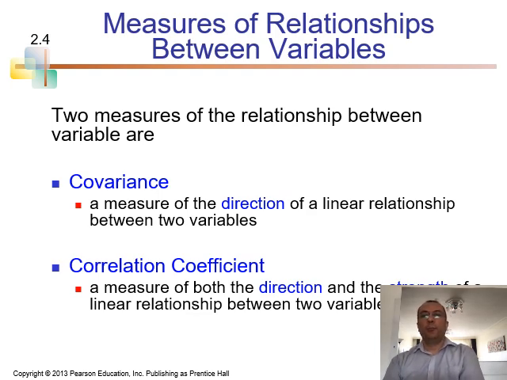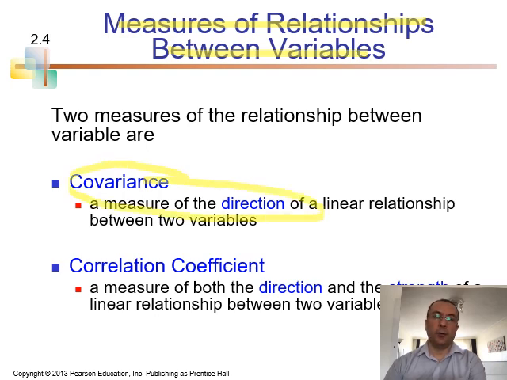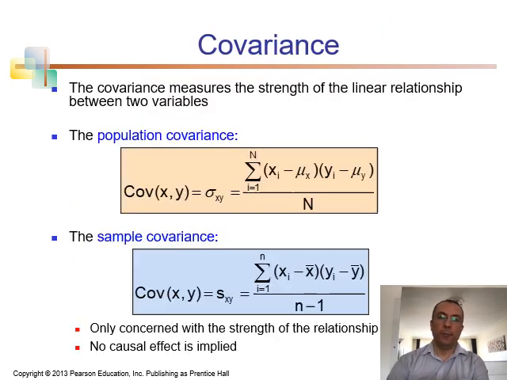Now, measures of relationship between variables. We have covariance and correlation coefficient. First you need to calculate the covariance, and then you can find the correlation coefficient. Covariance is based on this formula, and it is calculated between two variables. Again, for the sample, we have a sample size adjustment, so instead of dividing by n, you divide by n minus 1.